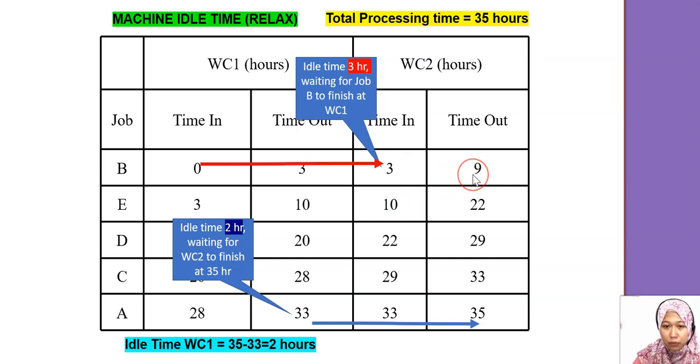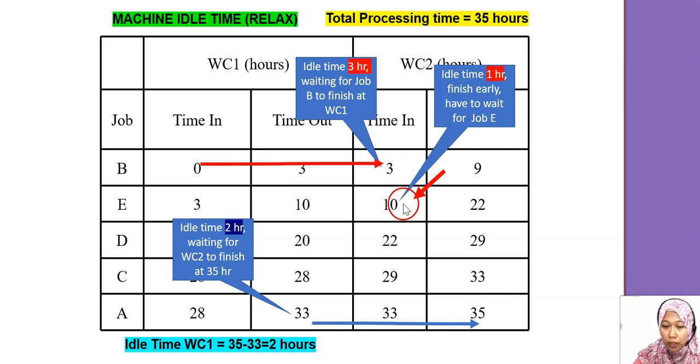So here we know that they finish at 9, but job E only starts at 10. Okay, time 10. So we know that there's 1 hour waiting time. For this one, 22 and 22, nothing, no idle time. 29, 29, no idle time. 33 and 33, no idle time. So the only one in between is this one. So it's 1. So now the idle time for machine 2 is 3 plus 1, we have 4.